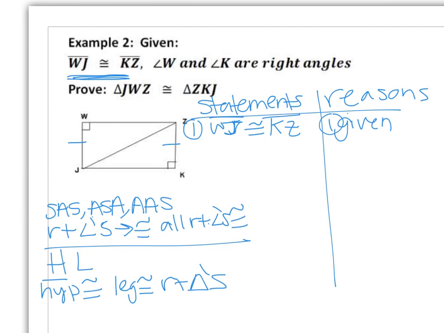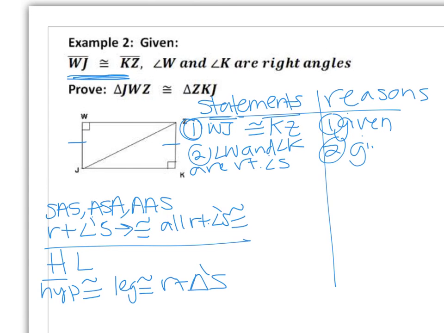All right, so if I take a look, what's my next given? Well, my next given would be angle W and angle K are right angles. And the reason for that is given.